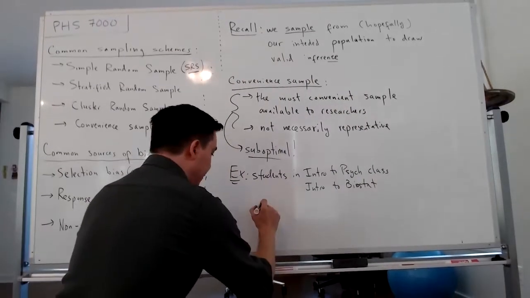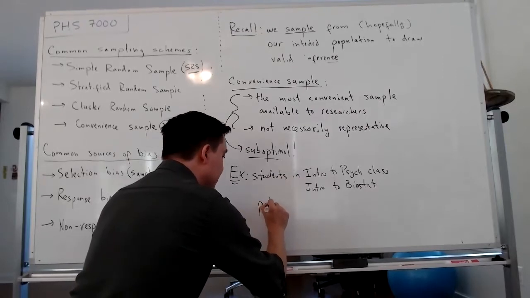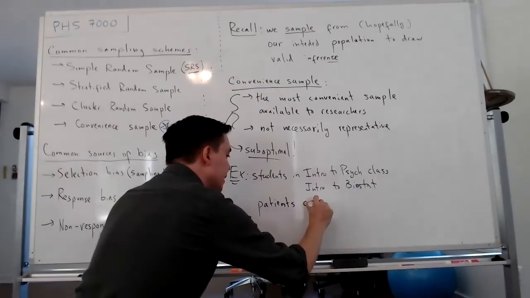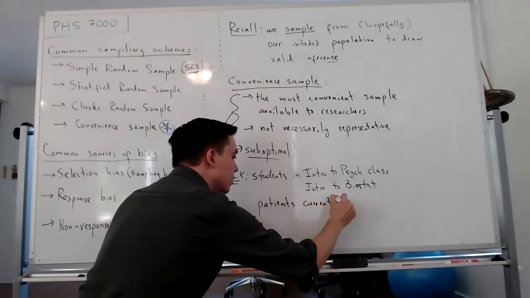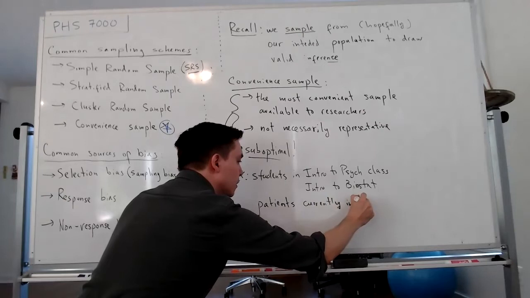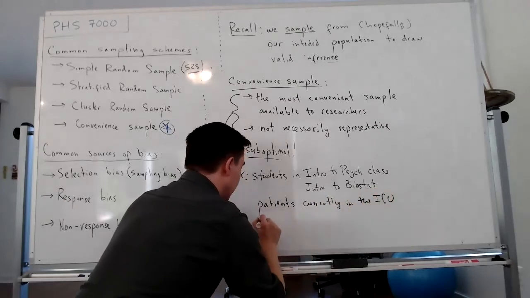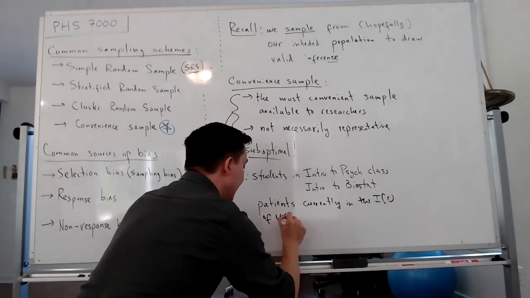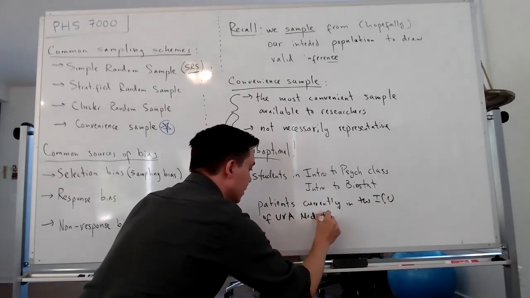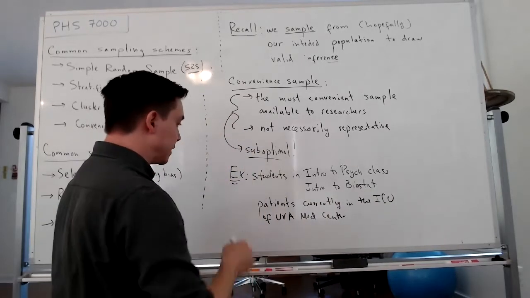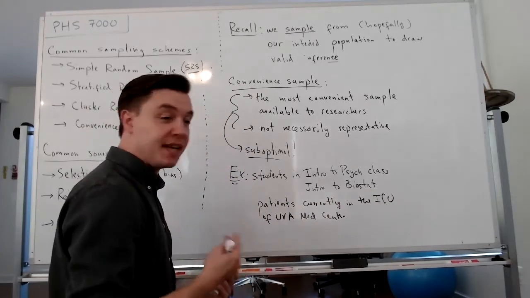It could be the patients currently in the ICU of UVA Medical Center. These are all samples that would be convenient, for example, for me to obtain.